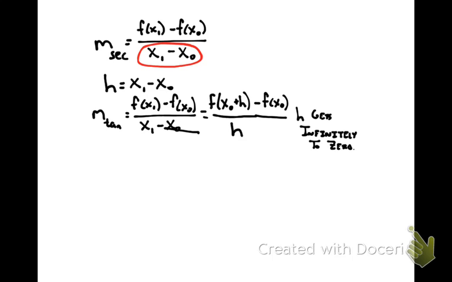The slope of the tangent is f of x naught plus h, where x naught is just the point where you are looking. H is the distance from that point to a second point, minus f of x naught over h, where h is getting closer and closer to 0.